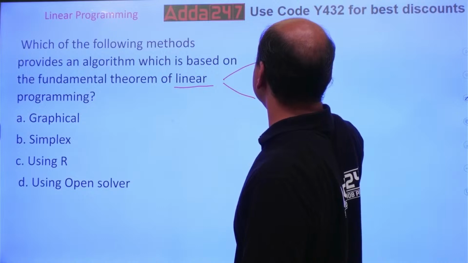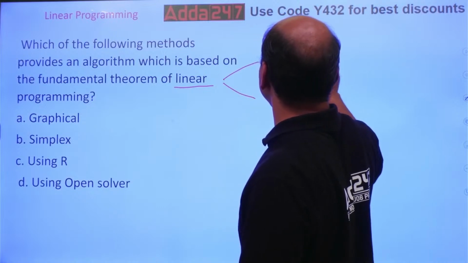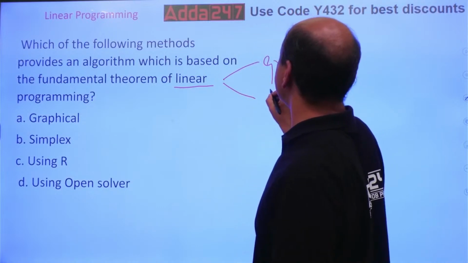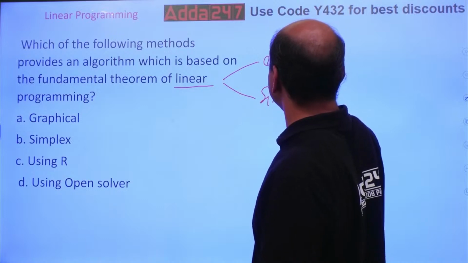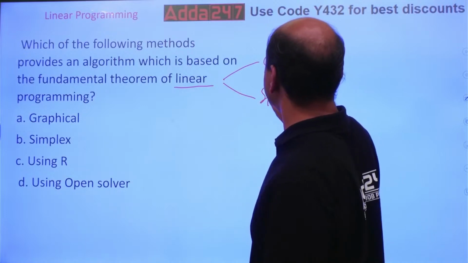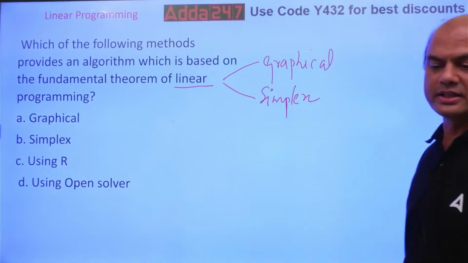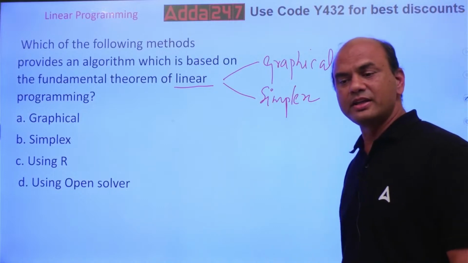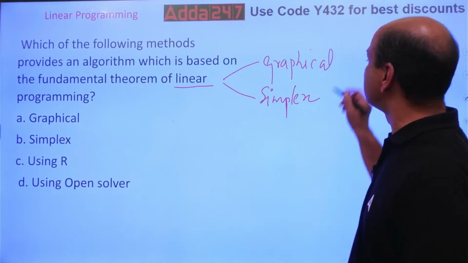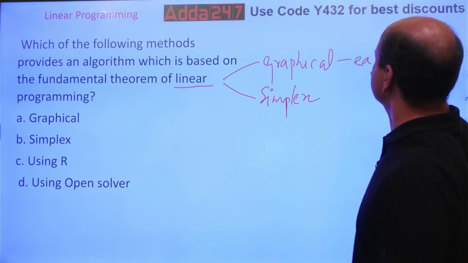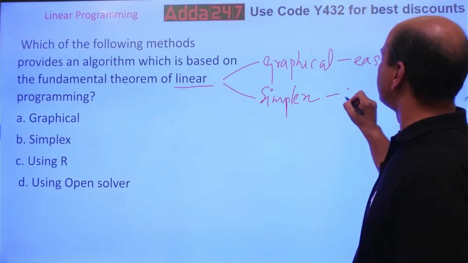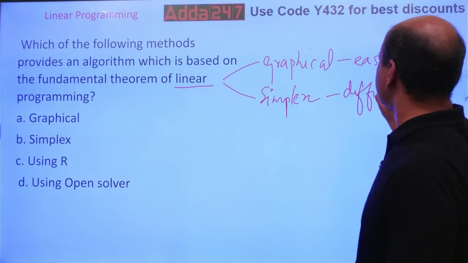Graphical, and the second one is simplex. Graphical method is easy. Simplex is difficult. Keep it very clear.